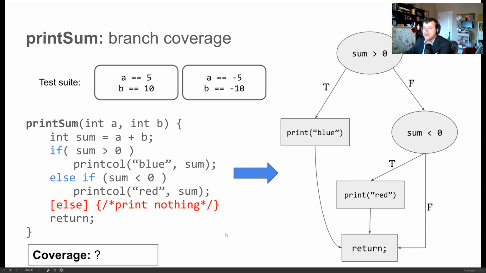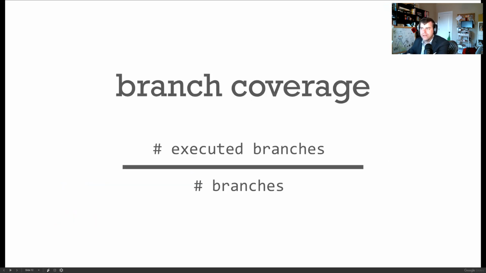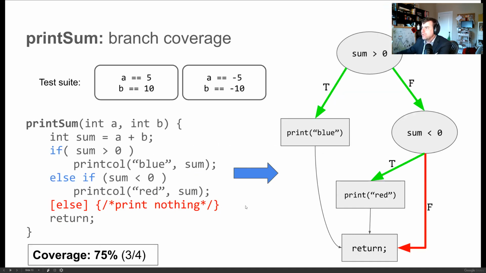So if we were to think about what our existing test suite's coverage is in terms of this framework, branch coverage, where we simply take the executed branches and divide that by the number of branches, then we'll find that we are actually only at 75% branch coverage, right? So the thing that was 100% statement coverage, when you look at it from a branch coverage point of view, is incomplete.